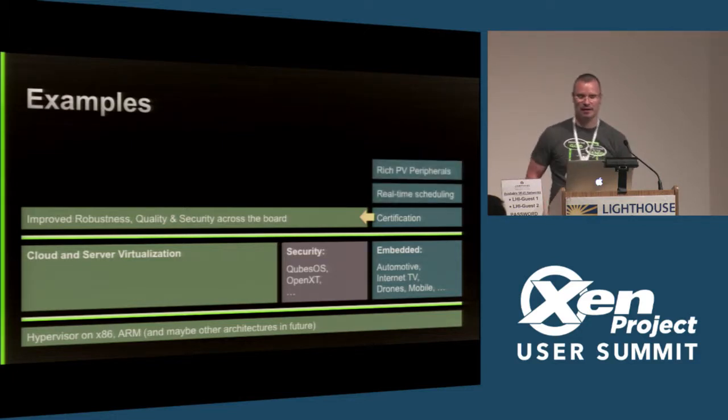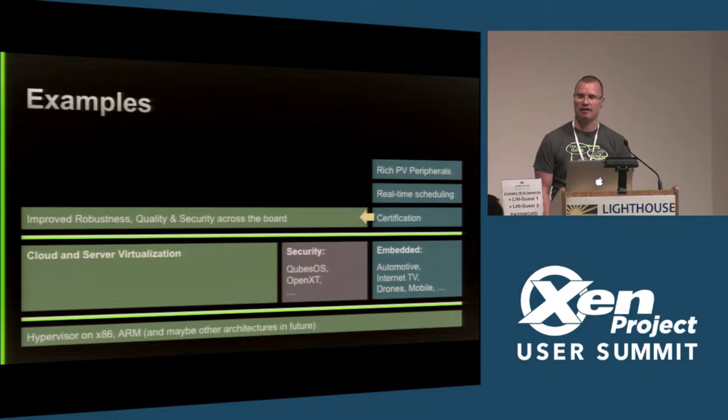Let's look at some other examples. So in automotive, real-time scheduling is very important because you need to make sure that your VM in a car fulfills certain SLAs. And of course, also in these more consumer-oriented segments, peripheral support is very important as well.